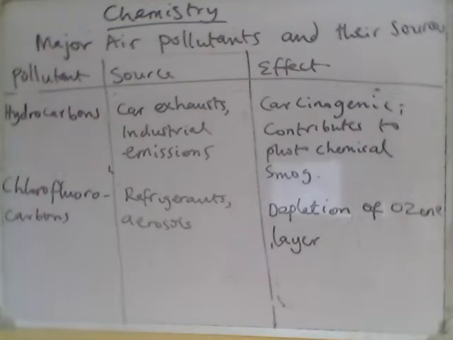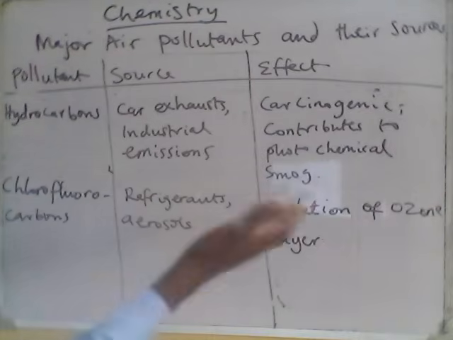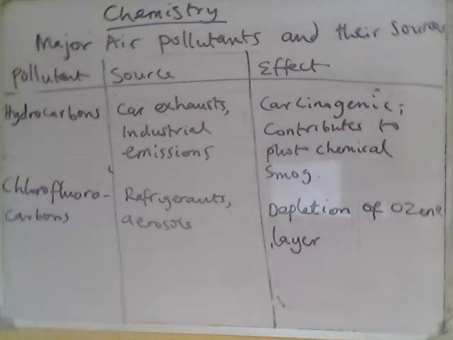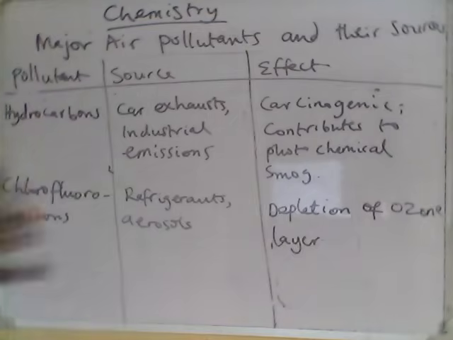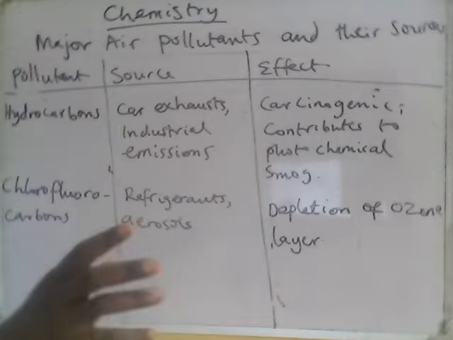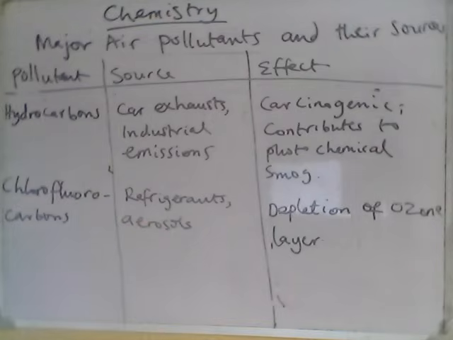Understand? So these same hydrocarbons also react in the presence of sunlight to help form photochemical smog. This is just like a brownish haze that causes breathing problems, eye irritations, and harms plants.